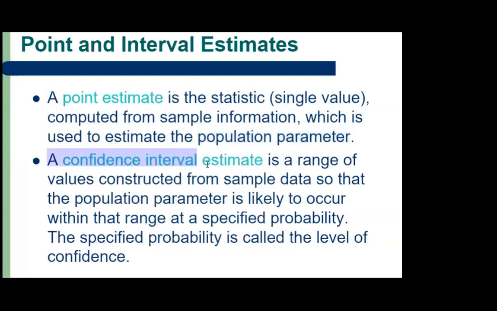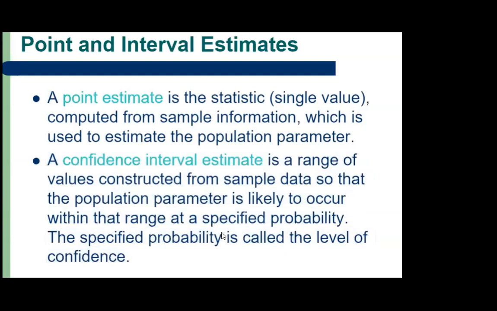A confidence interval estimate is a range of values constructed from sample data so that the population parameter is likely to occur within that range at a specific probability. The specified probability is called the level of confidence.